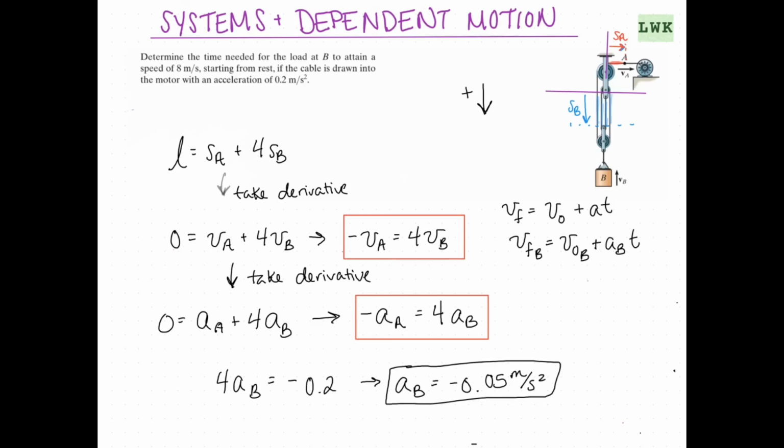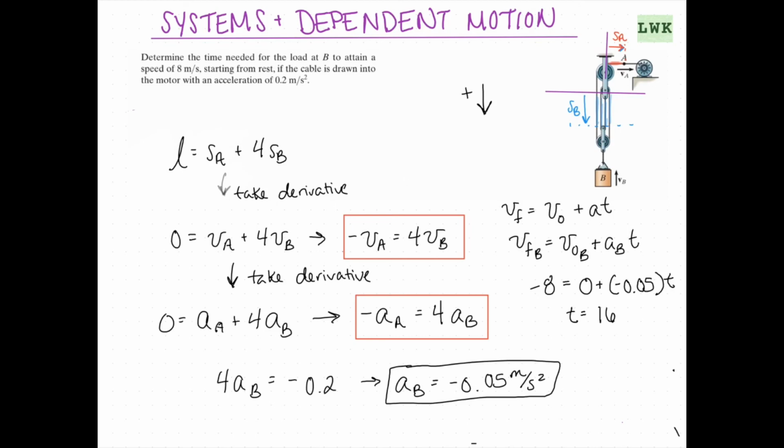We wanted to attain a speed of negative 8 meters per second as given to us in the problem. So negative 8 equals 0 because it's starting from rest, plus negative 0.05, which we just solved for as our acceleration of B, times time. That will allow us to solve for time, and that'll work out to about 160 seconds.